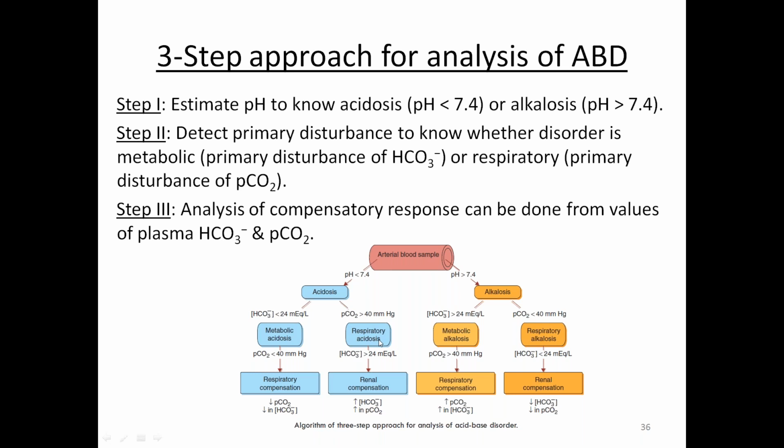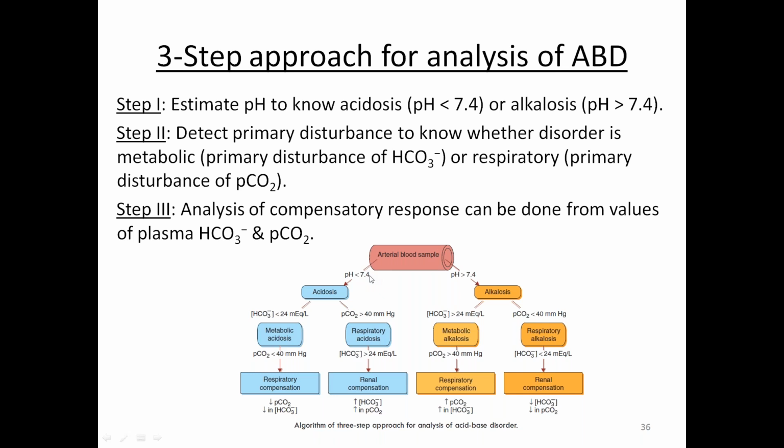Now, one last example before we move on. This one, I am talking about this one because I want to just reinforce the anion gap concept that we talked about. So if I tell you that the pH now is 7, so we are definitely looking at acidosis.